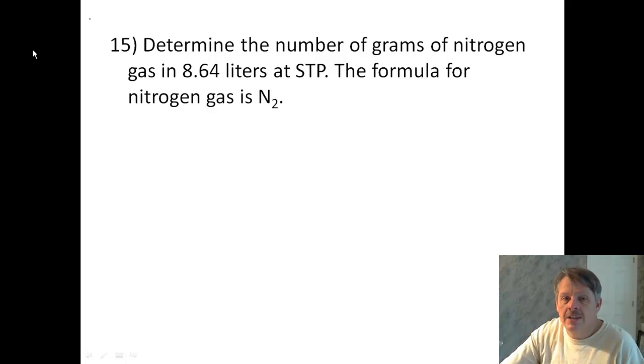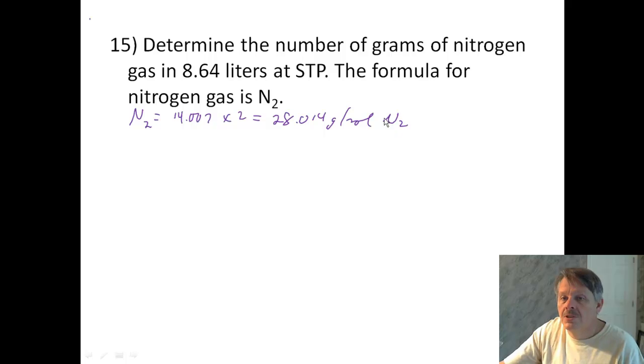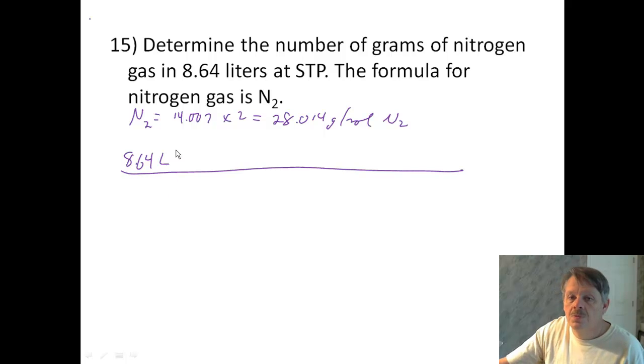Nitrogen gas is N2. So since we're dealing with grams, we have to look at N2, which is 14.007, and we have to multiply by 2. That's 28.014 grams per mole of N2. So we're starting with 8.64 liters of N2.